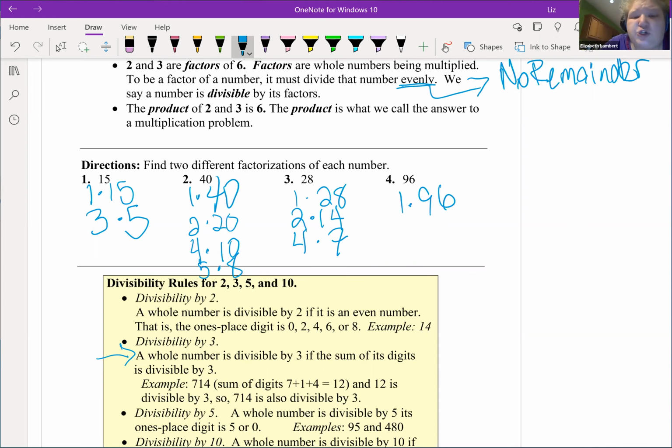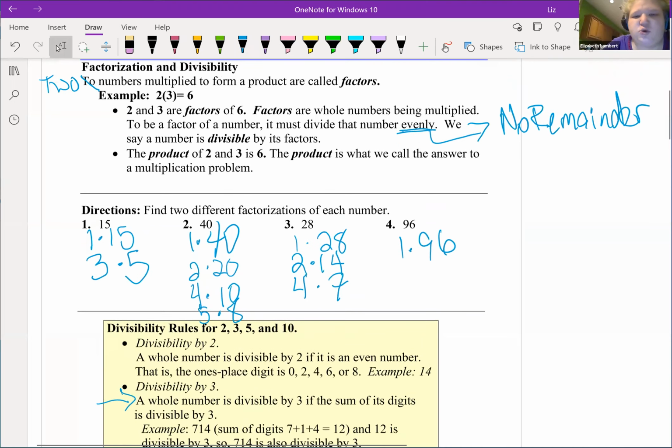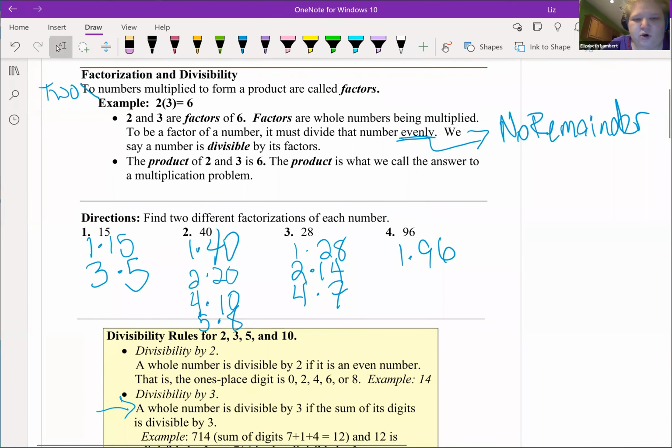So I don't want to write 2 times 2 times 7, although we could, but usually when they ask for this, they want pairs of numbers as factors, not more than 2 numbers. But technically, if we didn't limit ourselves to a 2-number factorization, we could write 2 times 2 times 7.